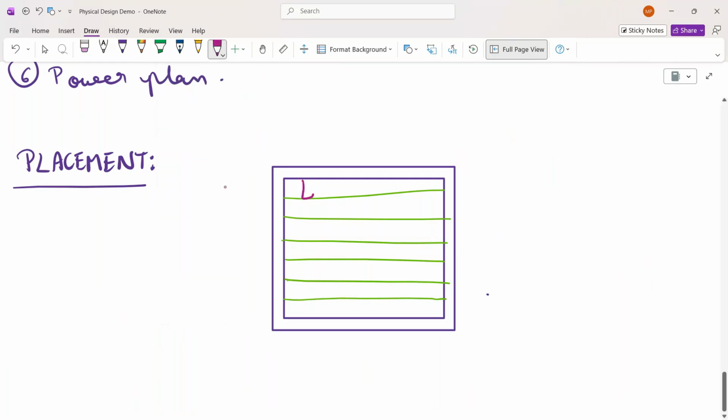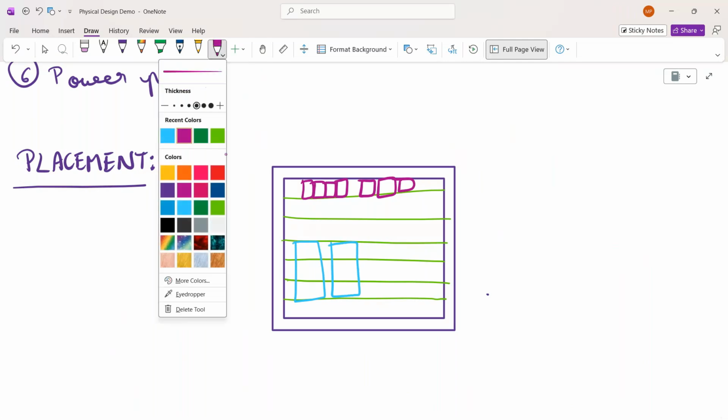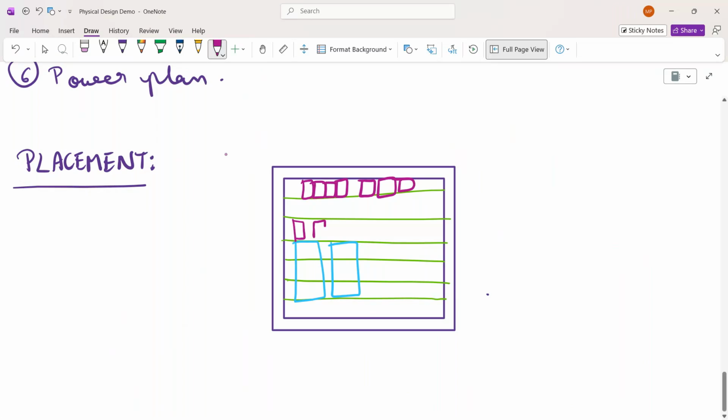So you will see all the standard cells sitting like this after placement. Even though there are bigger macros in between, the standard cells will be sitting around them. There may be gaps present, they may be touching each other, everything is allowed. This is nothing but placement.